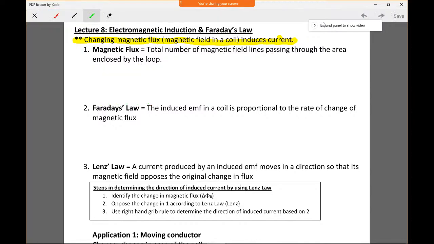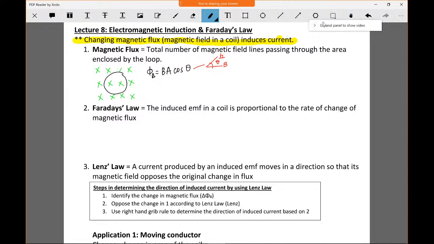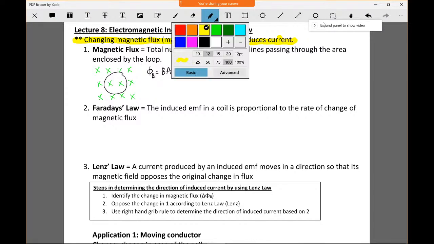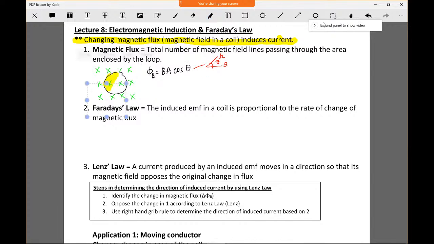So in conclusion, we can say magnetic flux is actually the amount of magnetic field passing through a coil.